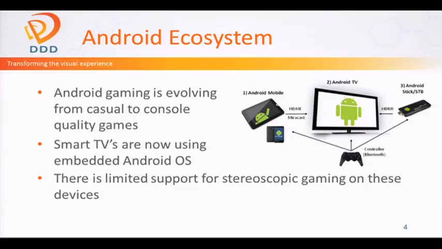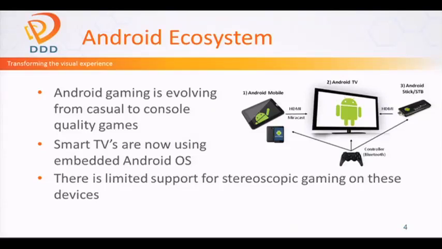And associated with that are new interaction mechanisms like Miracast, which enables you to wirelessly connect a mobile or a tablet to a 3D TV, so that you can play in 3D from a 2D device, and that's an area we're very excited about. Also there are wireless controllers like Bluetooth that are becoming much more popular in the gaming platform. And the level of performance that you're getting out of Android processors now is reaching the console level. So there are a lot of positive factors in this environment.